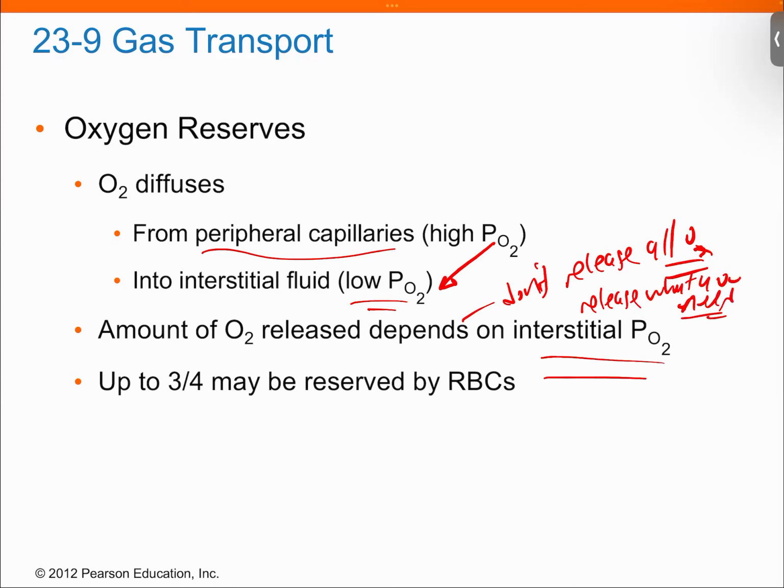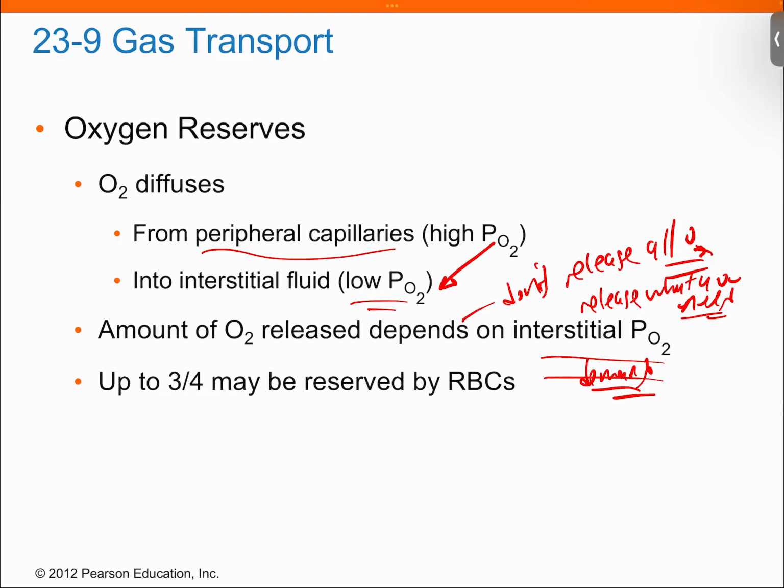So how much you actually get depends on what your partial pressure is in the tissues, right? That's your demand, by the way. So how much product you pull off the shelves depends on how strong your demand is. If your demand is very weak, then you're not going to pull that much product. You're not going to pull off all 4 oxygens off of a hemoglobin. You might pull 1 or 2, and that might satisfy you. So as your hemoglobin goes through the capillary network into the venous side of it, a lot of that hemoglobin is still carrying oxygen.